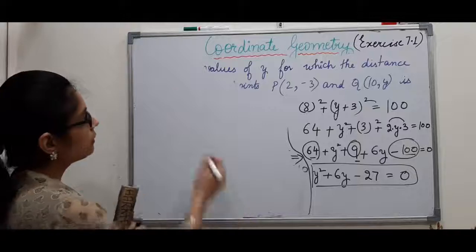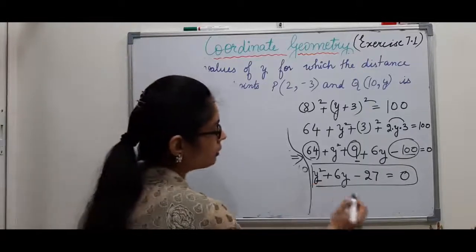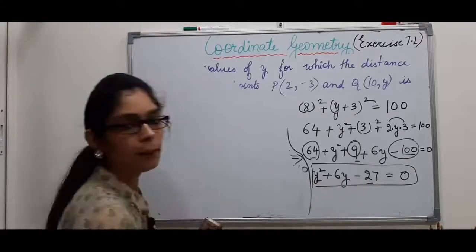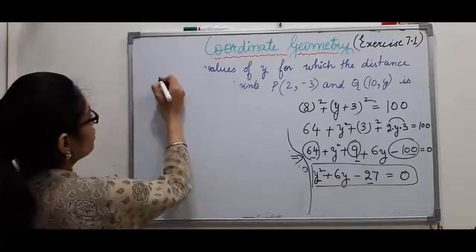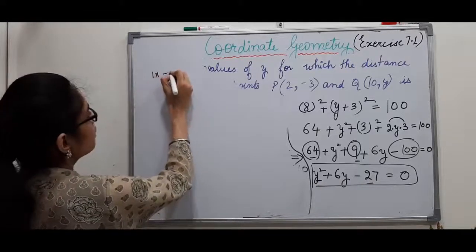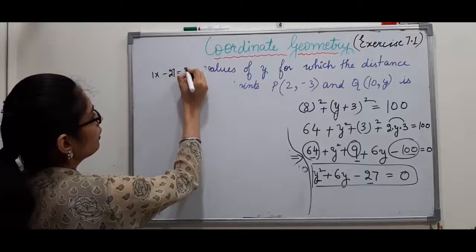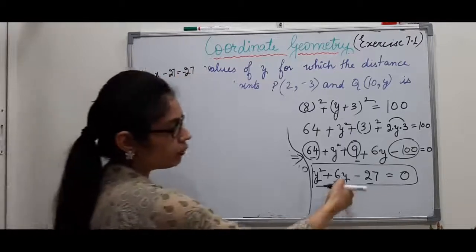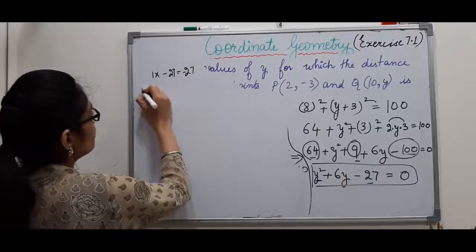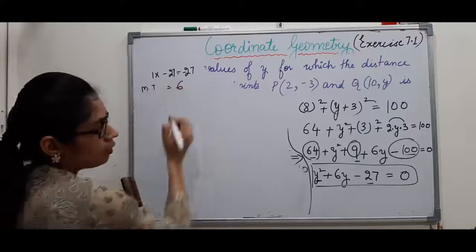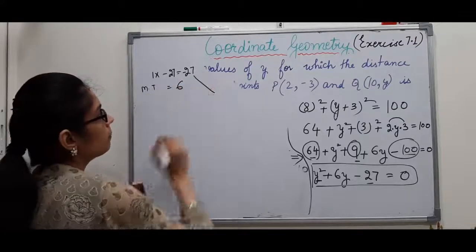So first step, same, you have to write the first term and the last term and their product, which is 1 into minus 27, it is minus 27. Now you have to write the middle term which is 6. Now you have to split this term.